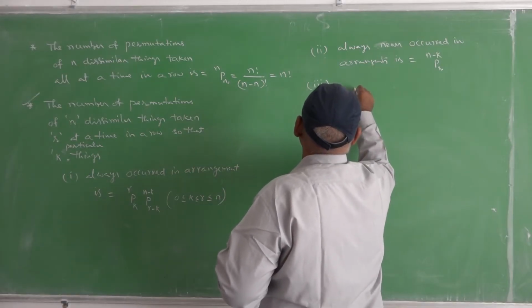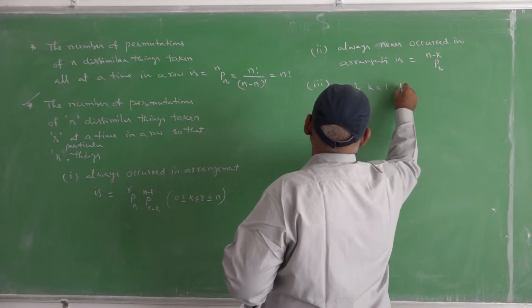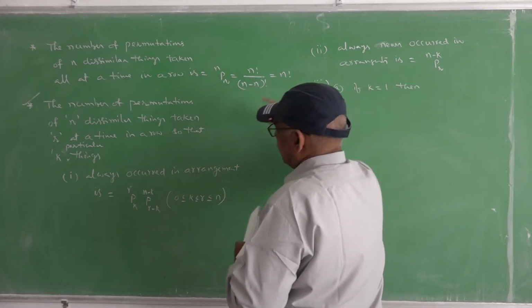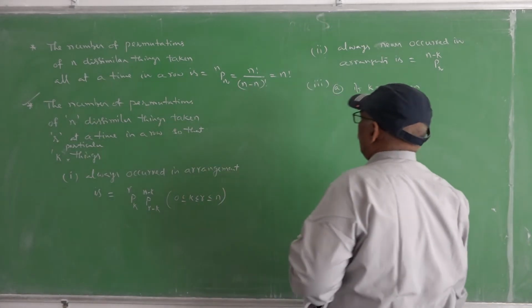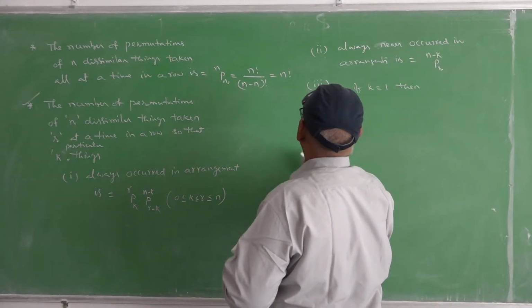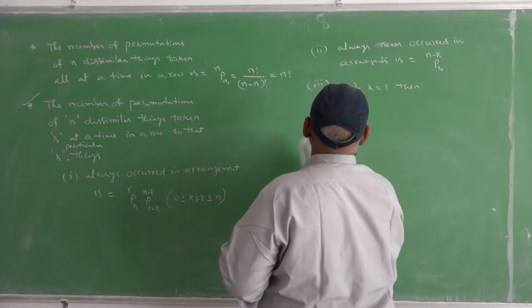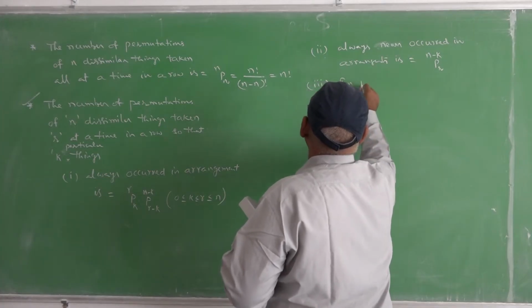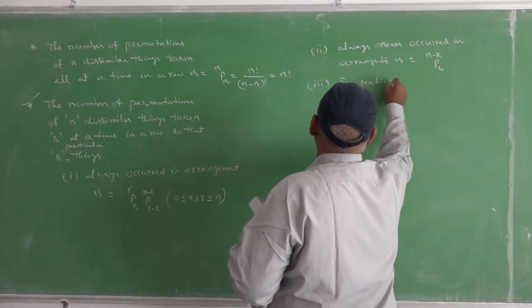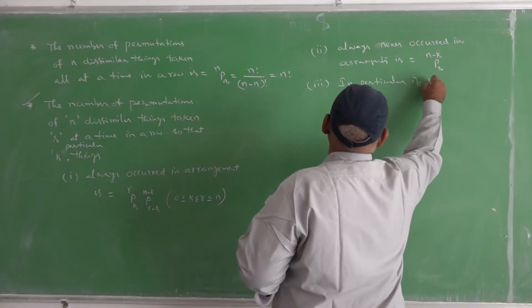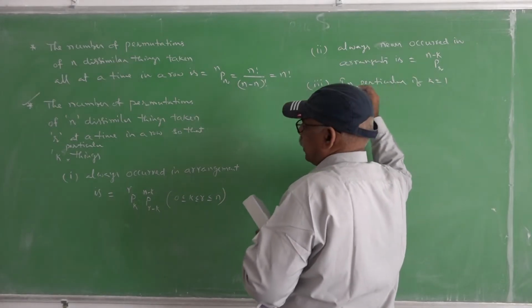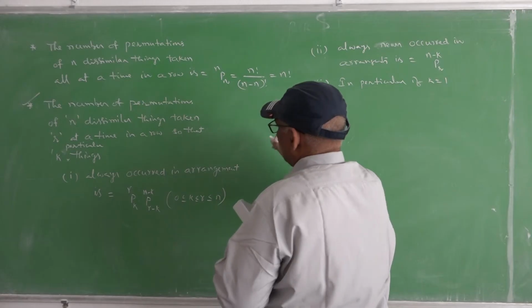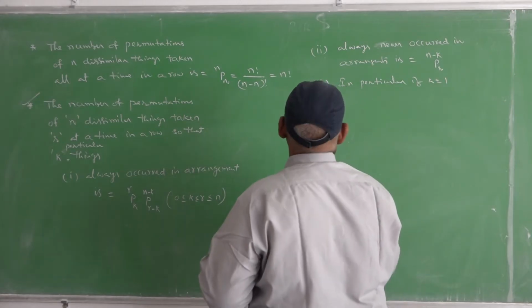If k equal to 1, that means a particular thing is included or not included in the arrangement.